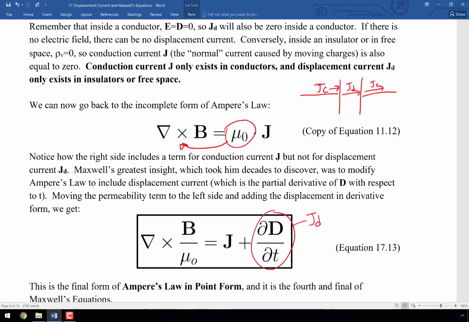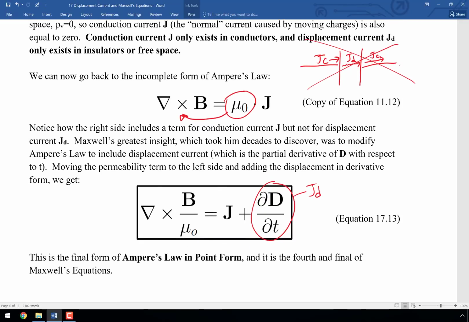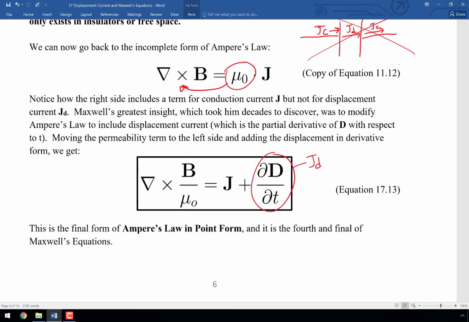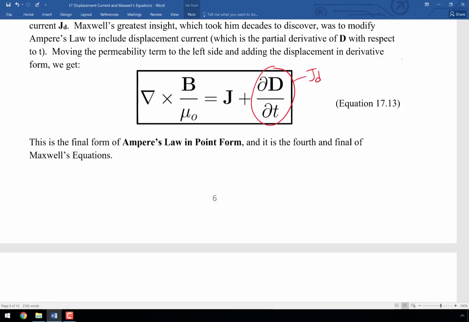It kind of actually obeys Kirchhoff's current law there, as the J sub c is flowing in, J sub d is flowing out, and then J sub d is flowing in, and J sub c is flowing out. If you don't like that picture, then you can ignore that picture. I kind of like that picture, and it makes it easier for me to think about how the system works. But regardless, equation 17.13 is the law. It is specifically Ampere's law, and so we need to be prepared to use Ampere's law to model the behavior of our systems.